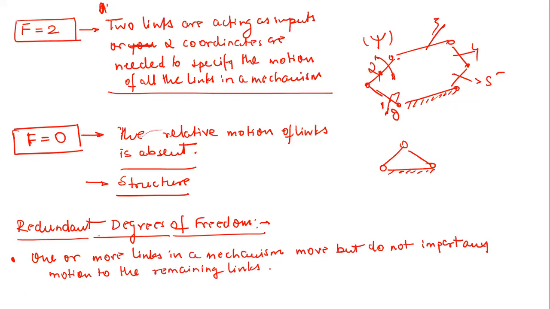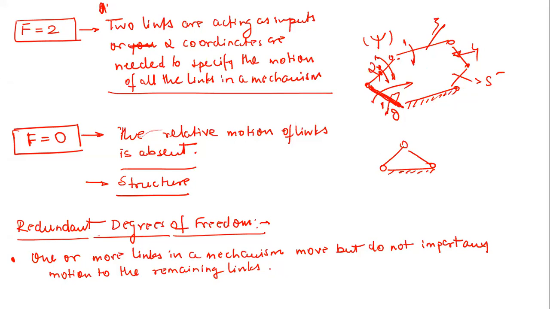See, a very important point: whenever we define a mechanism, there has to be some relative motion between the links, right? So in simple words, if I rotate this link 1, the motion should be transferred to link 2, some motion will be transferred to link 3, then in turn link 3 will transfer the motion to link 4, and this is going to continue, right?